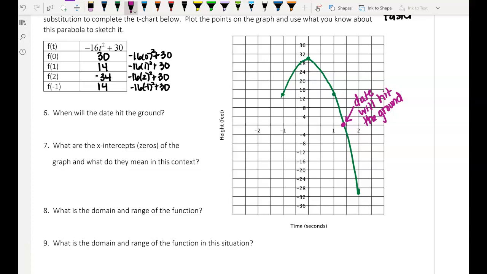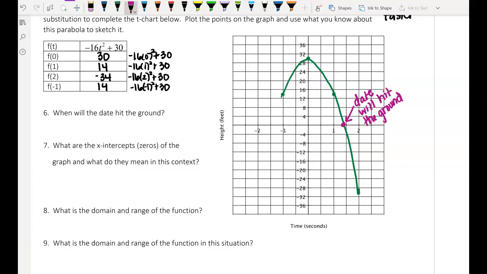Adrian, I know we have to approximate here because if we had a graphing calculator, we'd be able to tell exactly. But approximately, when will this date hit the ground?